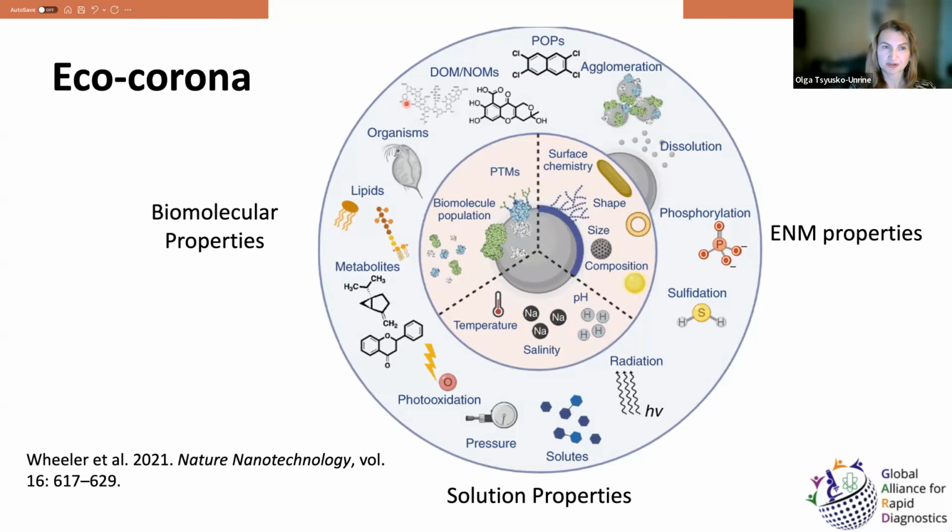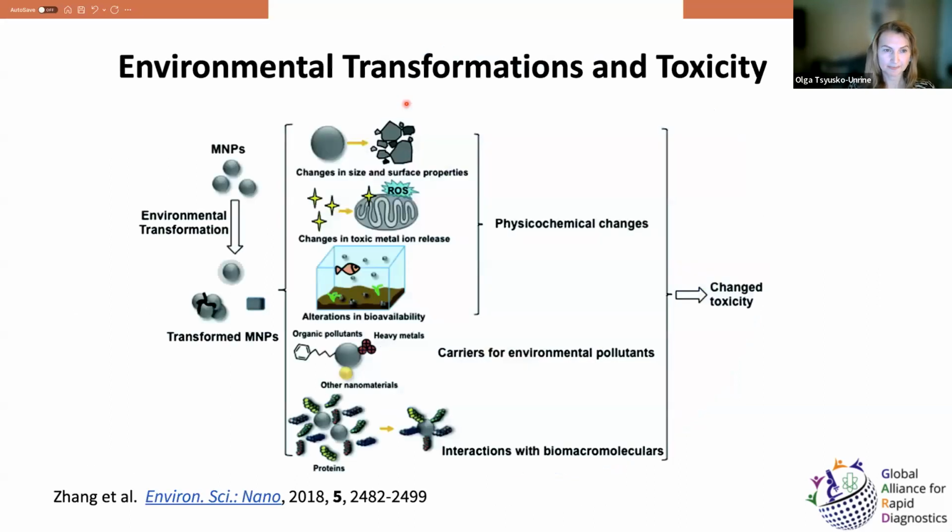Again, when that ecocorona is formed, it will govern the bioavailability and toxicity of the nanoparticles. This demonstrates that once nanoparticles go through environmental transformation, there are changes in size and surface properties. There is a change in how much metal ion is being released, and a change in how much is being taken up.